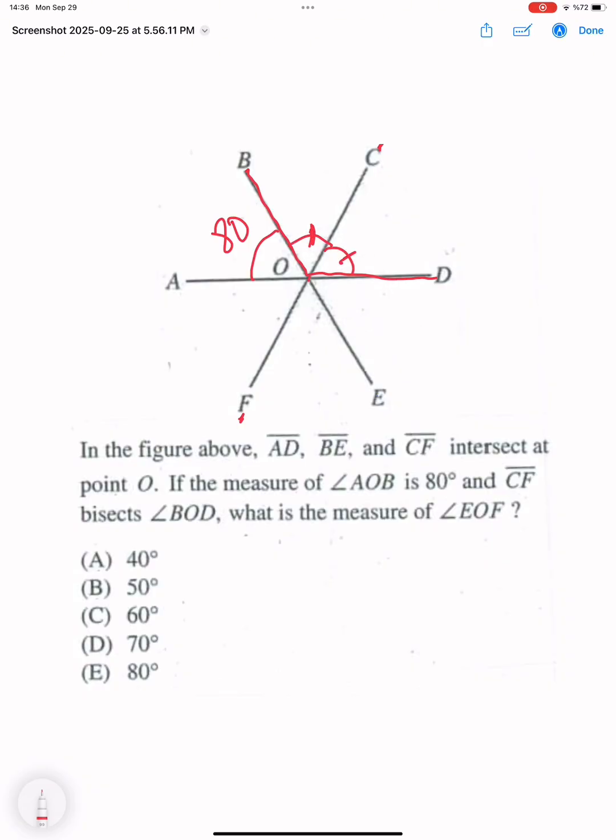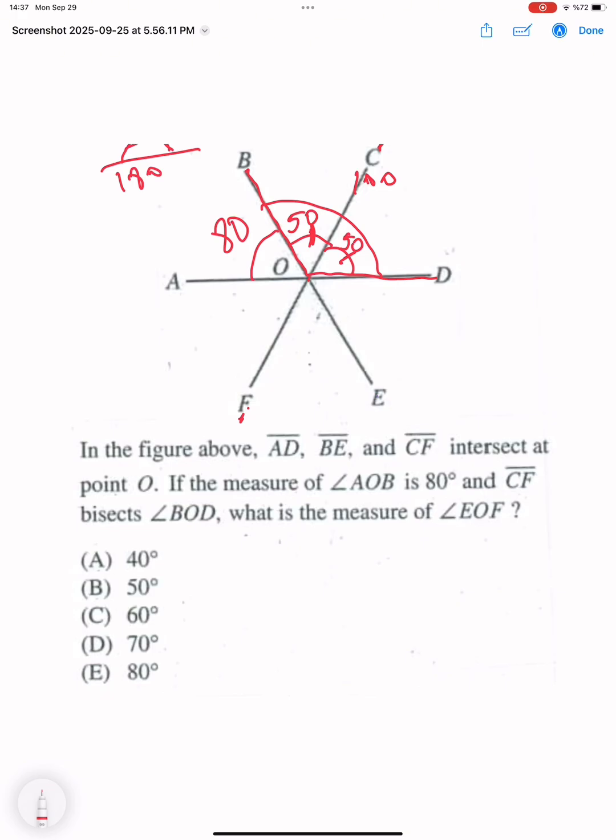So I know that AD is a line. Again, a line has 180 degrees, and AD is here, then the rest should be 100. And I know that CF bisects BOD, which leaves here 50 and here 50, right?